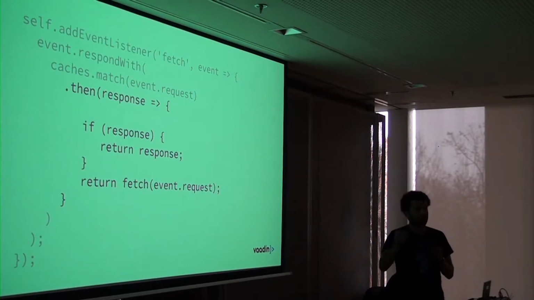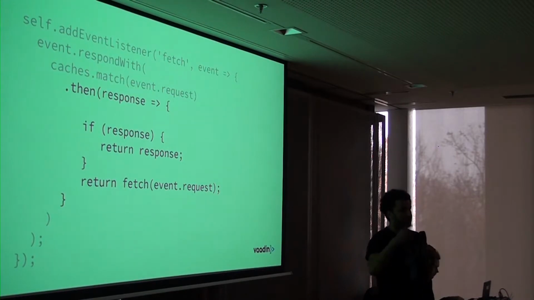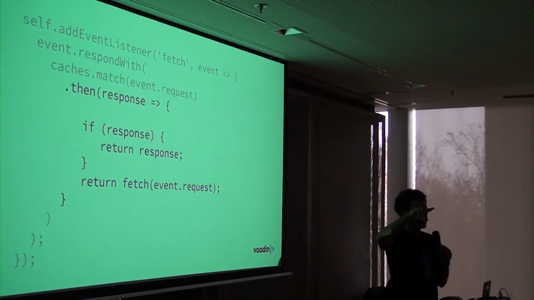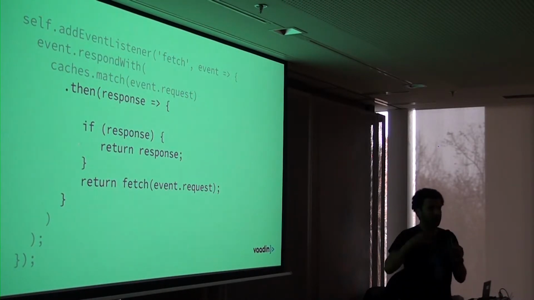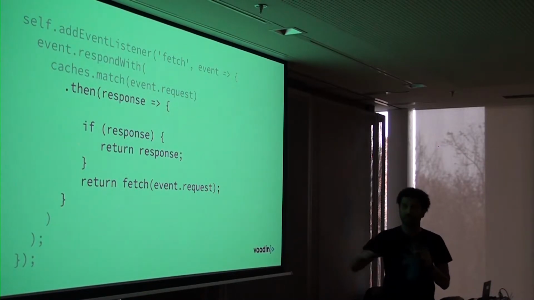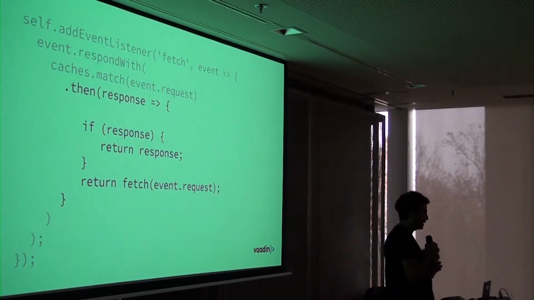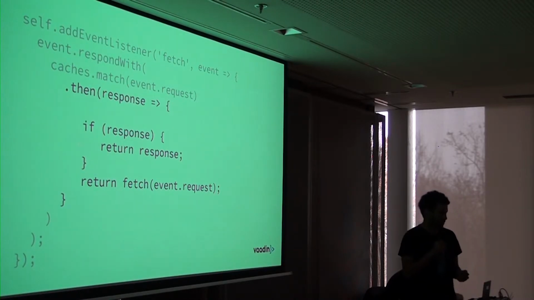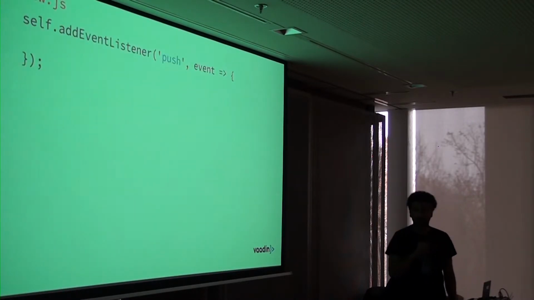Of course, there are a lot of caching strategies. There is a strategy that, for example, checks if there is a network connection. If there is no network, then bring it from the cache, or always bring it from the cache and update the cache from the network in the background. There are a lot of strategies, but here I'm simplifying it. Of course, it's up to your business to decide what is the best strategy for you.